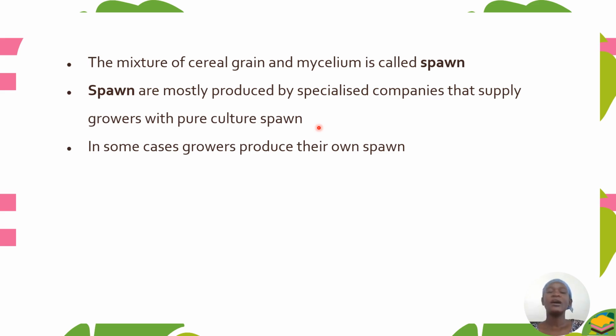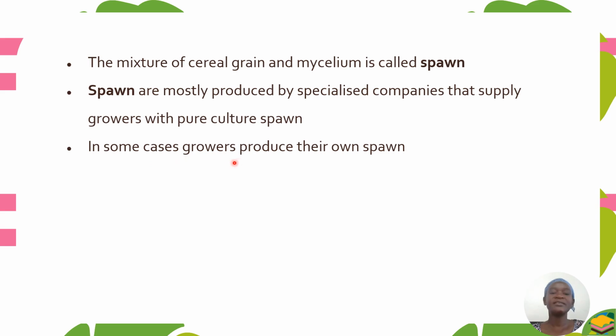Later on, once the mycelium has been formed, we mix it with small cereal grains, more especially millet. Once we have mixed the cereal grains with mycelium, we make what we call the spawn. The spawn is what will be broadcast in the mushroom house.